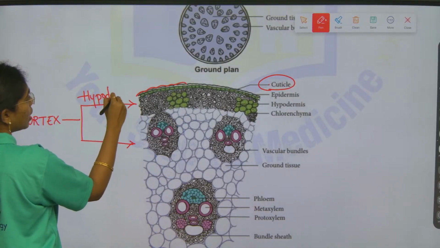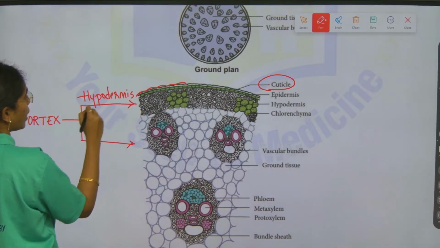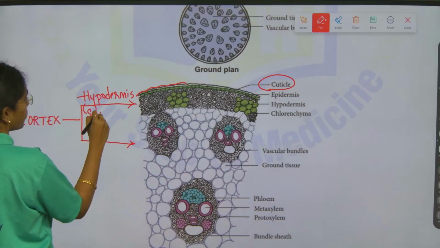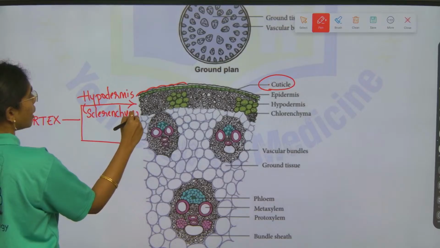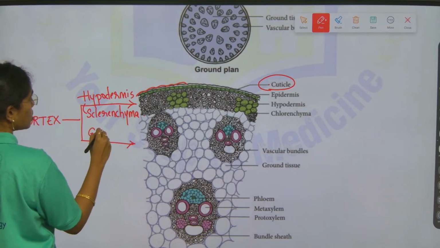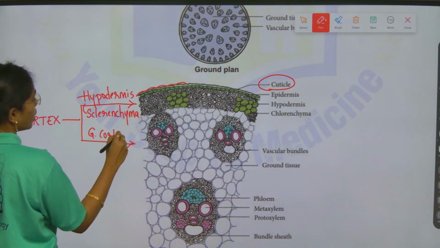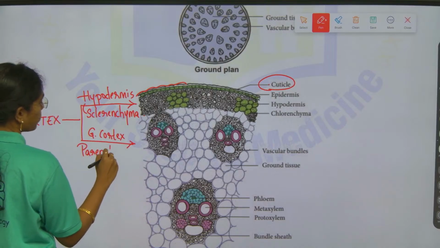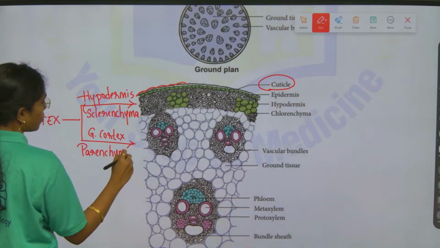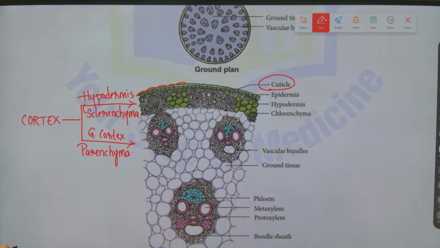Hypodermis here is made up of sclerenchyma, and general cortex is parenchymatous. It is made up of parenchyma.